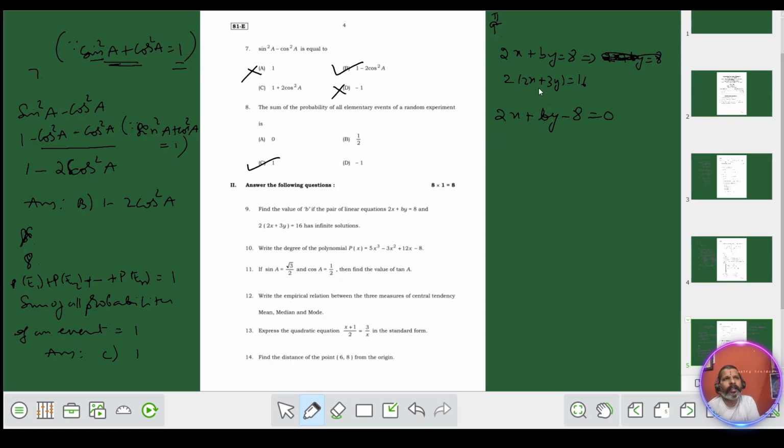Don't take this as xy. 2 of 2 is 4x, plus 2 of 3 is 6y, minus 16 is equal to 0. From these two equations, now we retrieve the ratios.